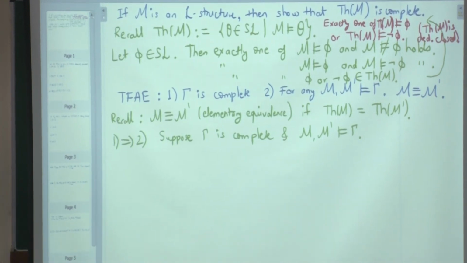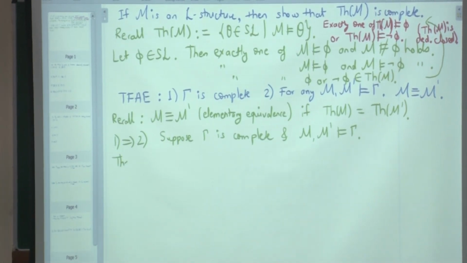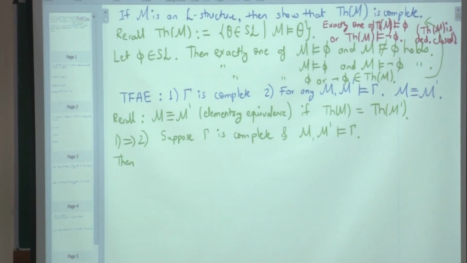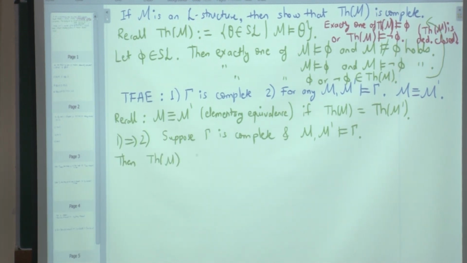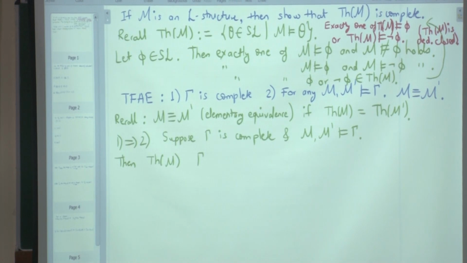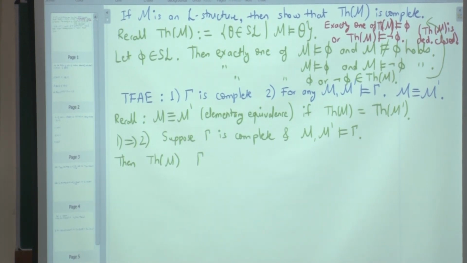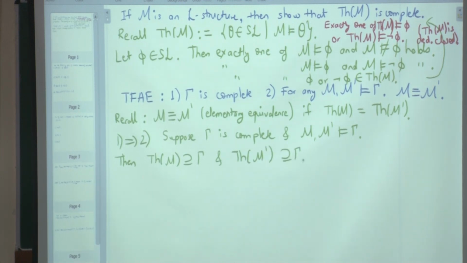If this happens, then what can you conclude? What can you say about the theory of M and gamma? What is the relationship between them? Gamma is a subset of this, but gamma is complete.